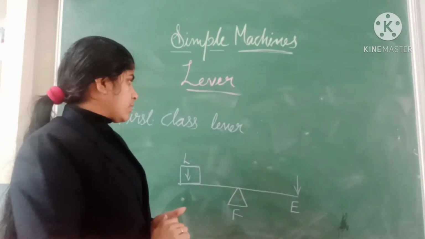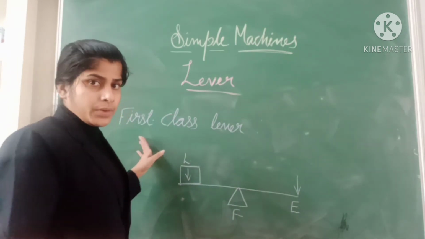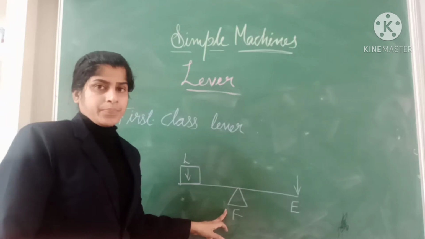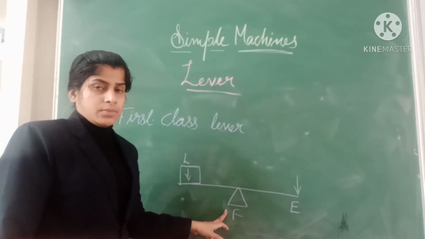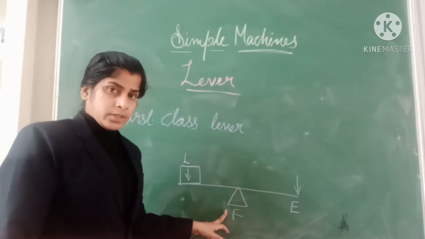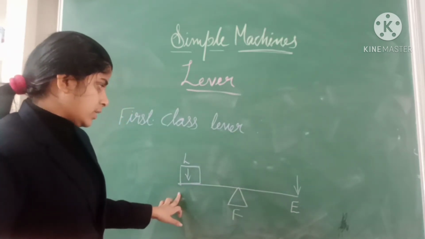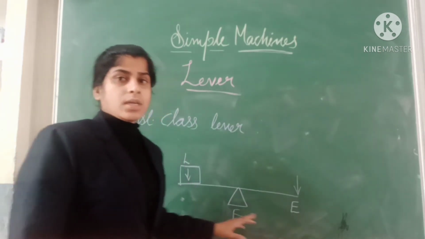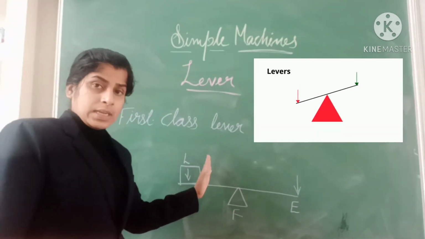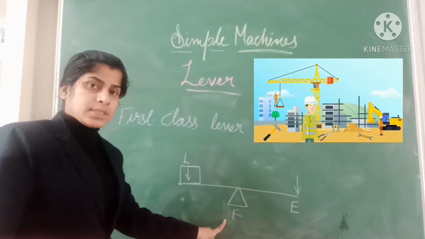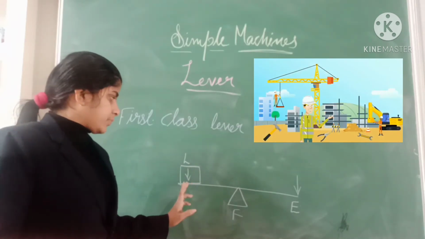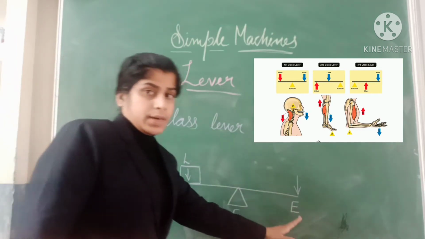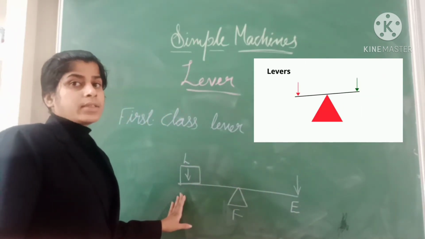In the first class lever, the fulcrum lies in the center, and at one end is the load and at the other end is the effort.